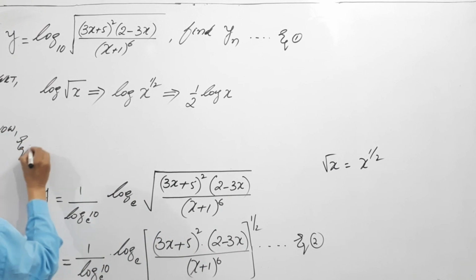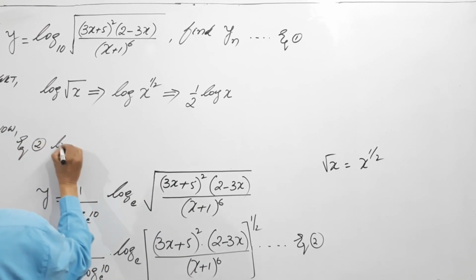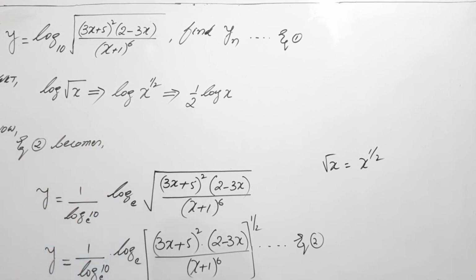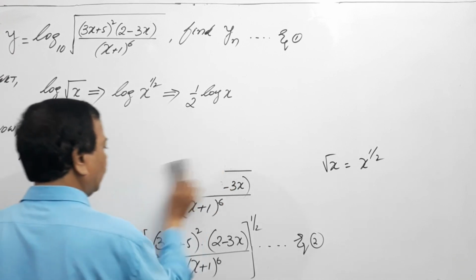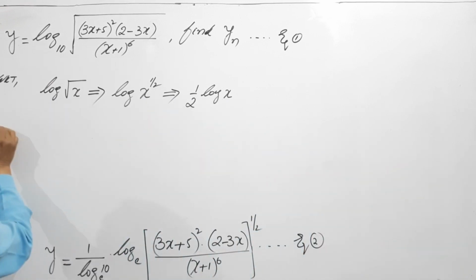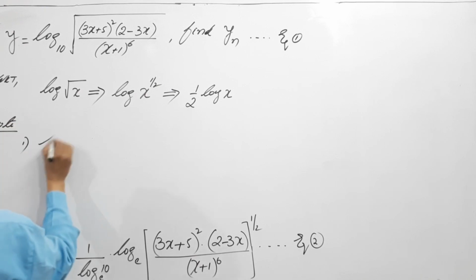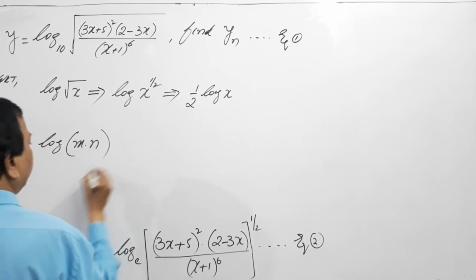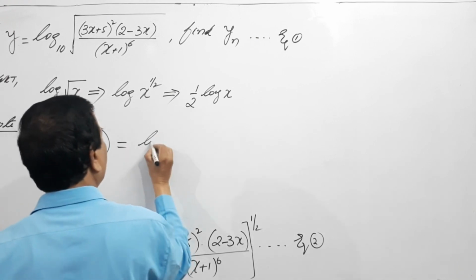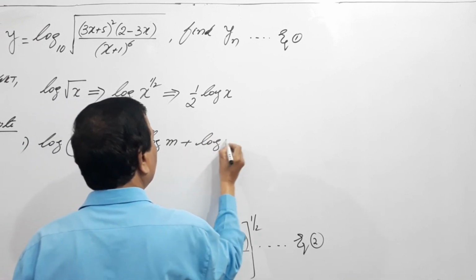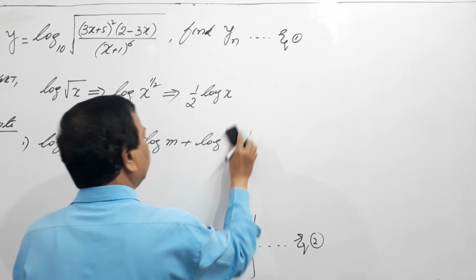Now equation 2 becomes what? I'll rub this. Note 1: log of m into n is log m plus log n.